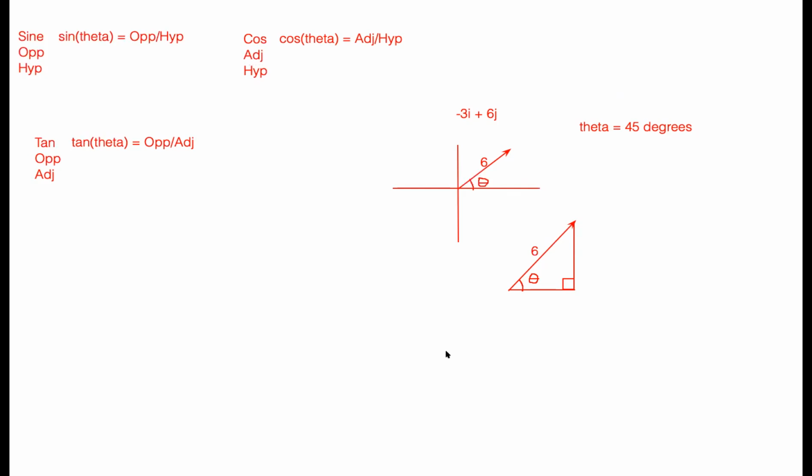Okay. So now we're going to break this triangle into its respective components. So we have theta, which is 45. Let me actually write that. And now we're trying to find the missing sides because that's what we want.